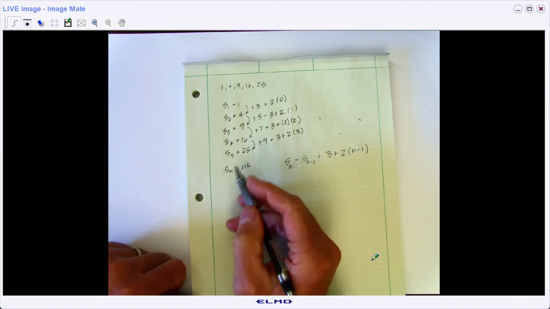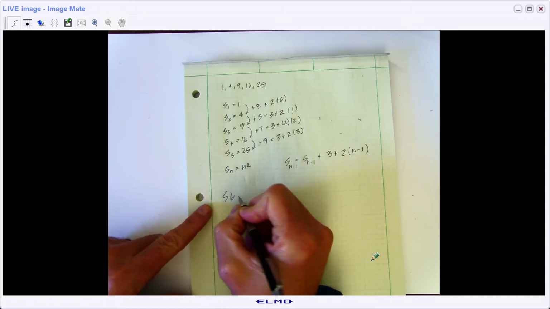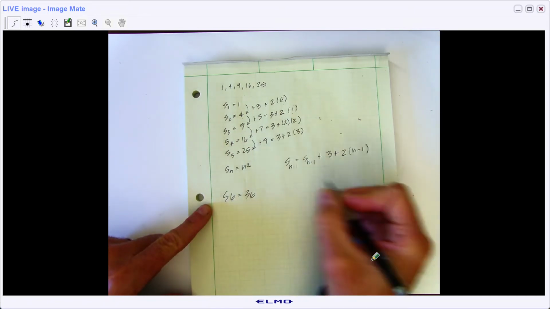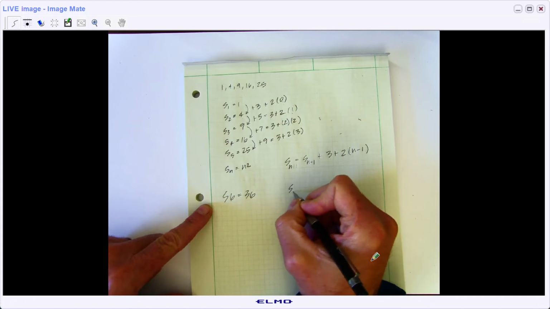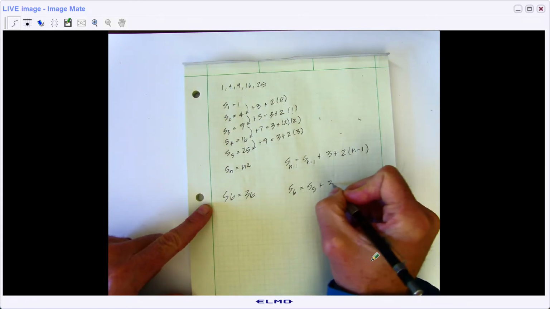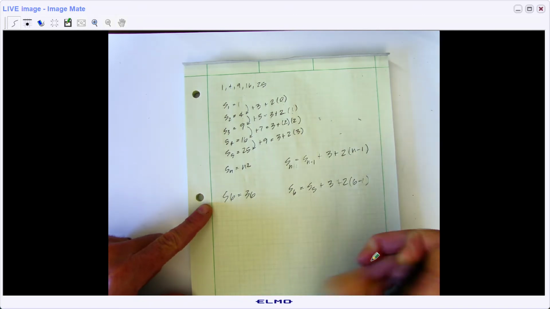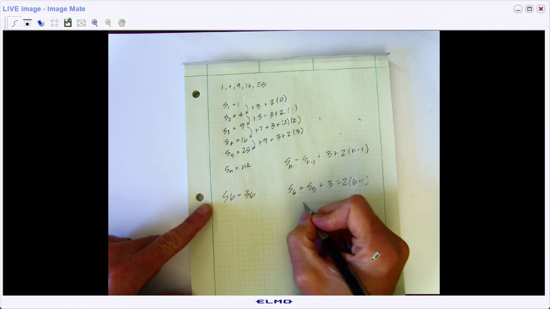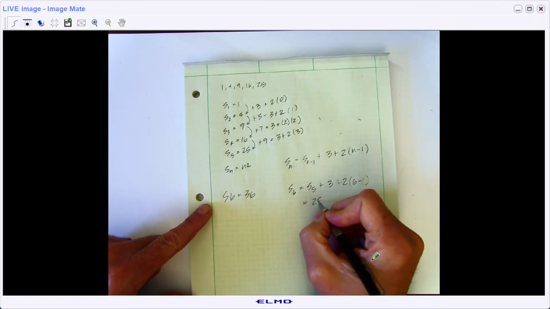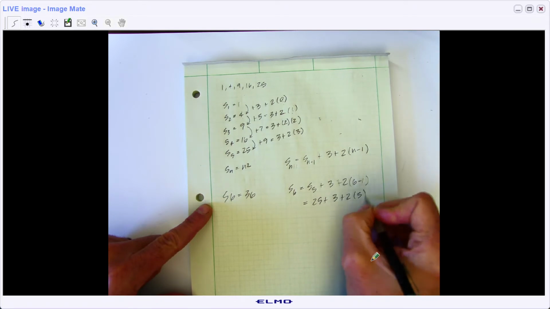Let's just check it because we know what S6 should be, right? S6 should be 36. Does this work? S6 is going to be equal to S5 plus 3 plus 2 times 6 minus 1. Let's see if that's true. S5 we're given as 25 plus 3 plus 2 times 5.